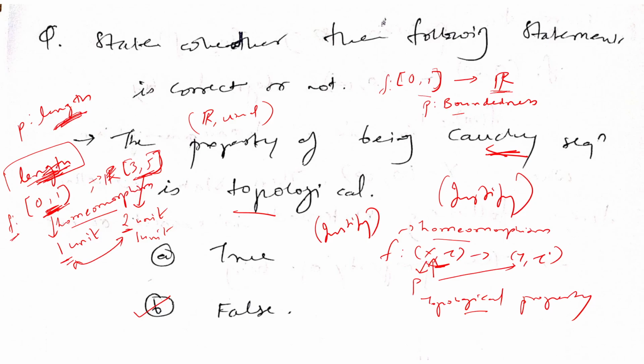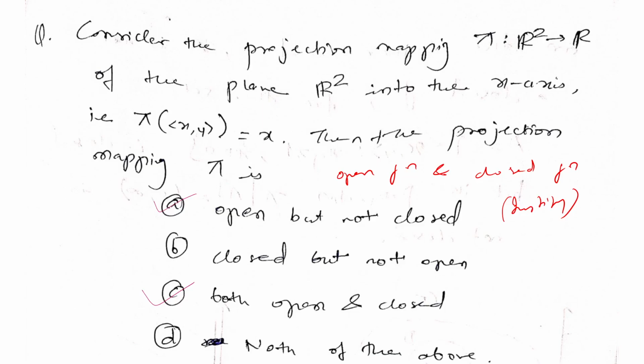So let's move to the next question. Consider the projection mapping pi from R2 to R, of the plane R2 onto the x-axis, that is, the projection of (x, y) is equal to x.